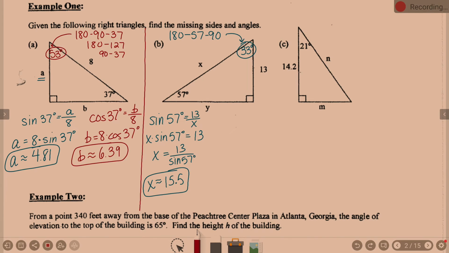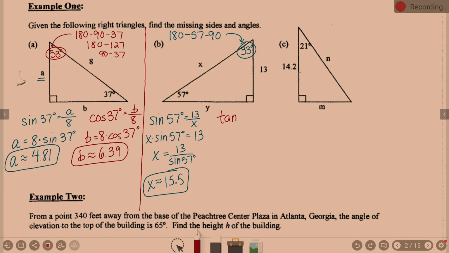So if you try to use x, use that full calculator answer. My recommendation is, in all honesty, use the exact 13 and the y. If we use 13 and y, we're going to use tangent of something, depending on which way we want to do this. So, tangent of which angle should I use?